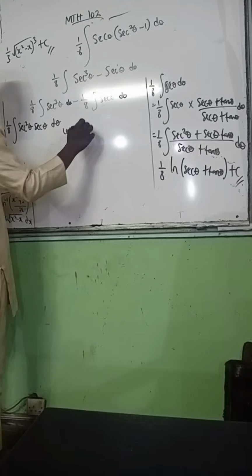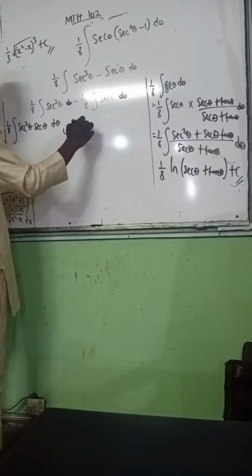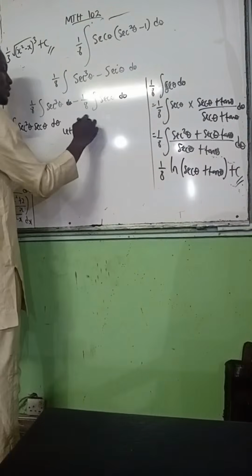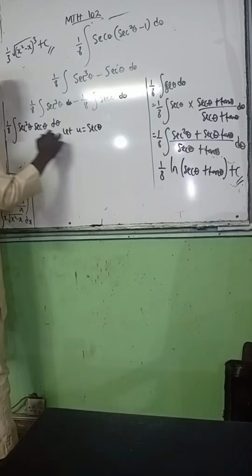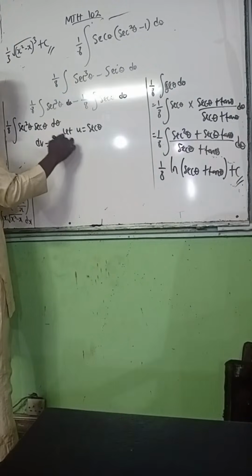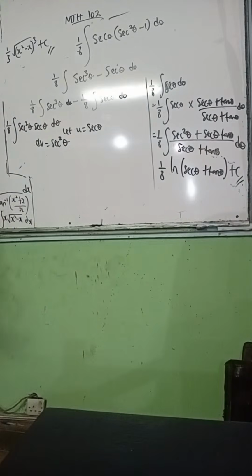Let u be sec theta, and our dv equals sec square theta. You know the last class, we covered this, but let me just try my best. When you have a product of different functions, it could still be the same kind of function.